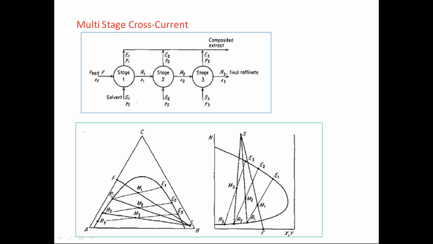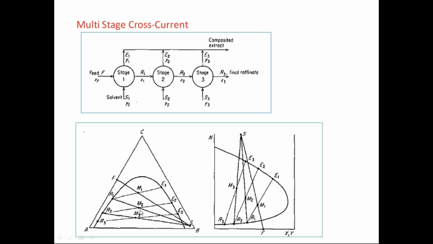So this R1 is again treated with the same quantity of the solvent. So R1 and S are again added. This is the mixture line for the second stage. Then the mixture point will slide down depending upon the solvent which you have added.